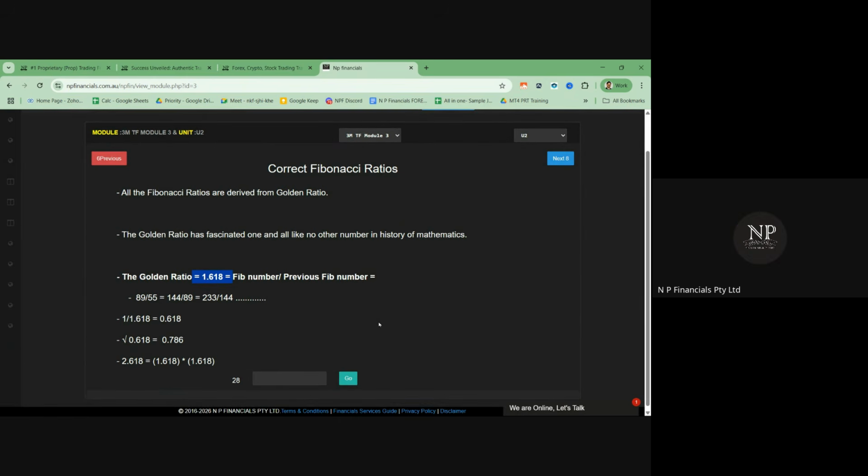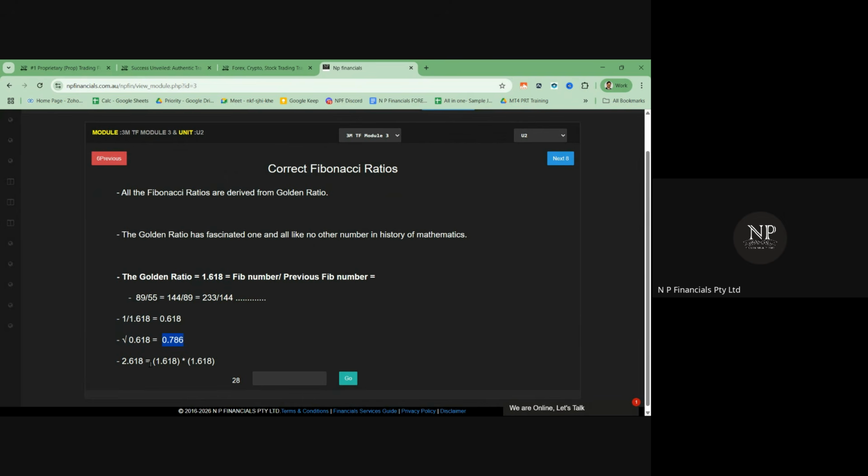Now, every ratio must be derived from the golden ratio. Let me show you. If you invert the golden ratio, that means you divide 1 by the golden ratio, you get 0.618, which is a Fibonacci ratio. If you take the square root of the inverse of the golden ratio, you get another Fibonacci number, 0.786.